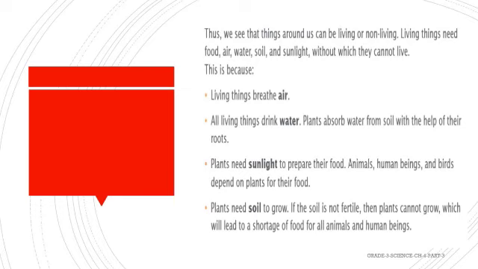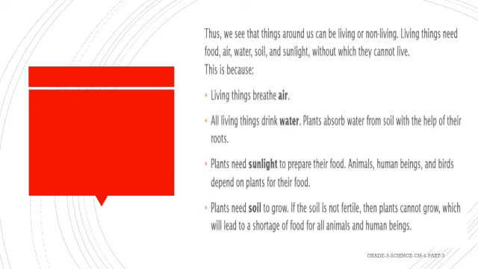So living things need food, air, water, soil and sunlight, without which they cannot live. We all need food because we are living. Then we need air to breathe, we need water, we are drinking water, and soil, because plants need soil to grow, and both plants and animals need sunlight.